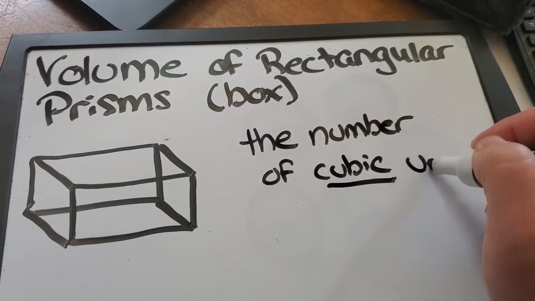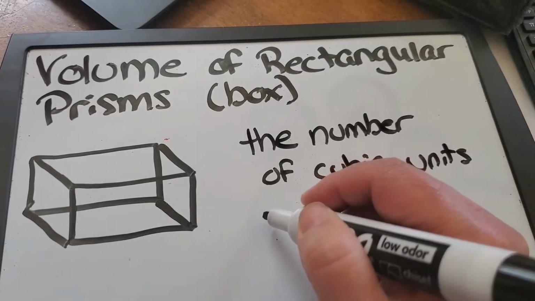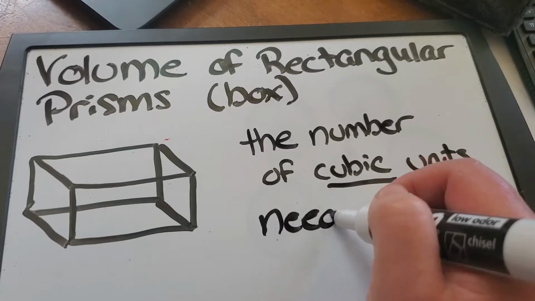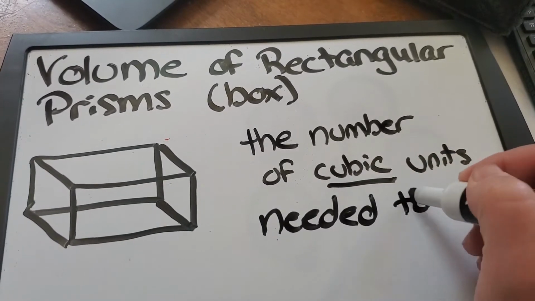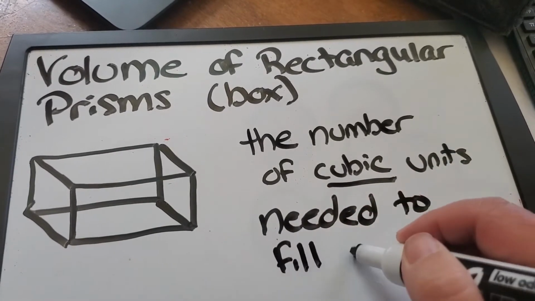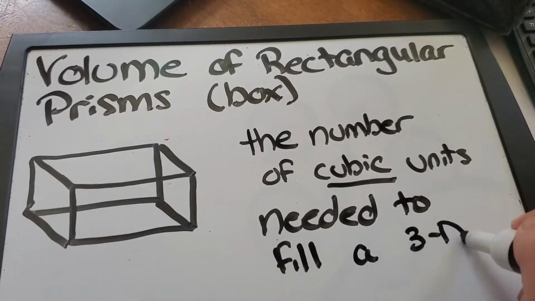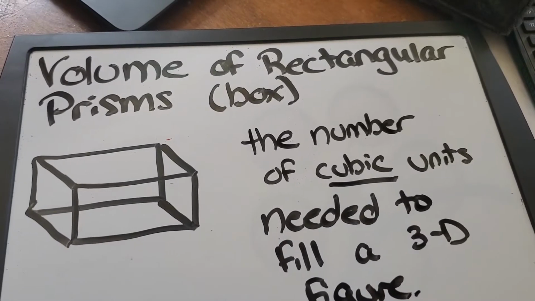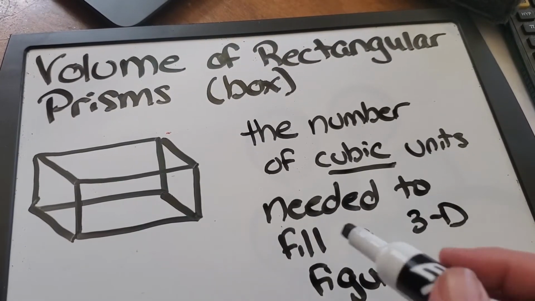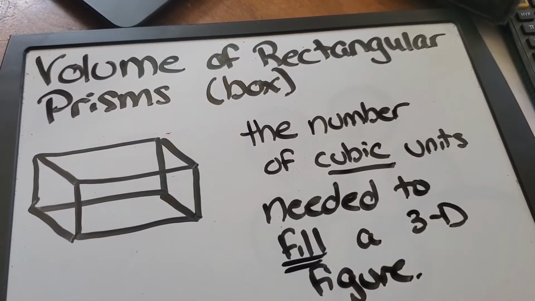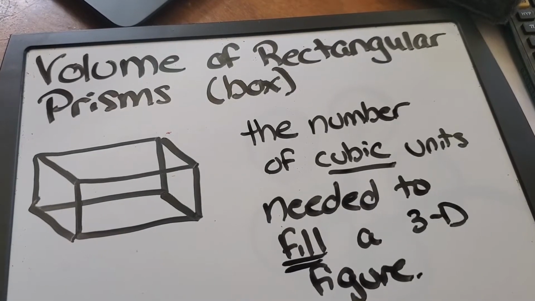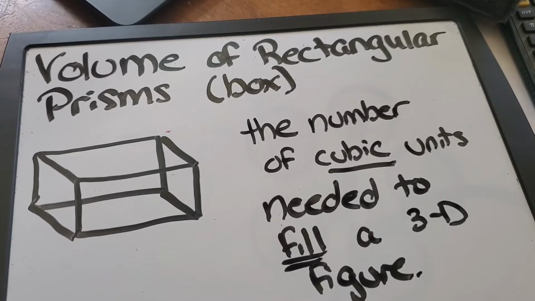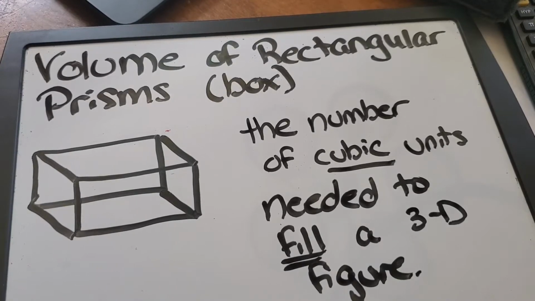It's how many cubes it takes to fill a figure: the number of cubic units needed to fill a three-dimensional figure. So important things there. It's always cubic units, and it's always talking about filling something three-dimensional, like filling a sandbox with sand or filling a pool with water. Anytime you are filling something, that's volume.